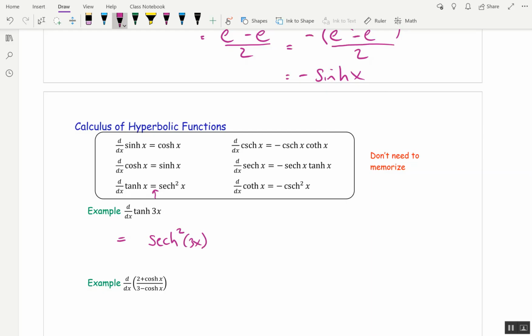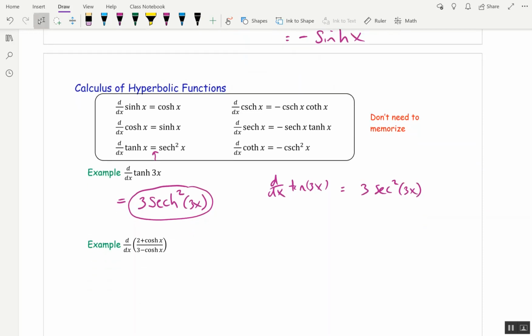And then I'm going to multiply in the front by the derivative of 3x, which is 3. That's exactly how I would have taken the derivative of tangent of 3x. I would have said, okay, that's secant squared 3x, take the derivative of the parent, leave the baby alone, and then multiply by the derivative of the baby.